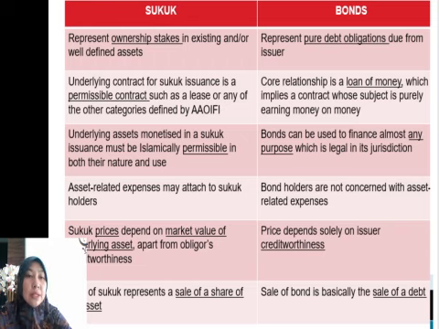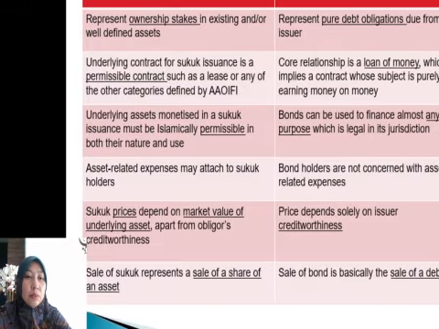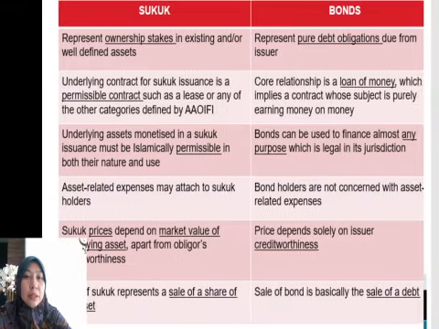Asset-related expenses may attach to sukuk holders, because they actually hold ownership, whereas bond holders are not concerned with asset-related expenses, because it is purely a debt. Sukuk prices depend on the market value of the underlying asset, apart from the obligor's creditworthiness, while the bond price depends solely on the issuer's creditworthiness.